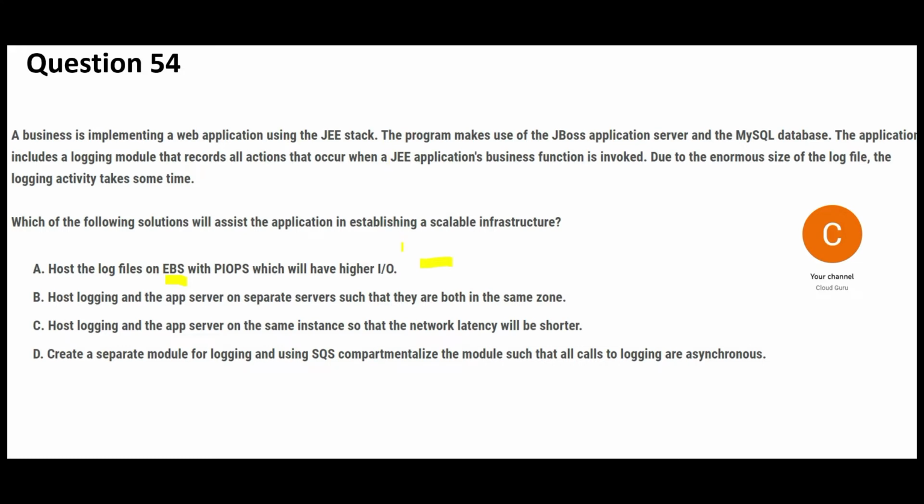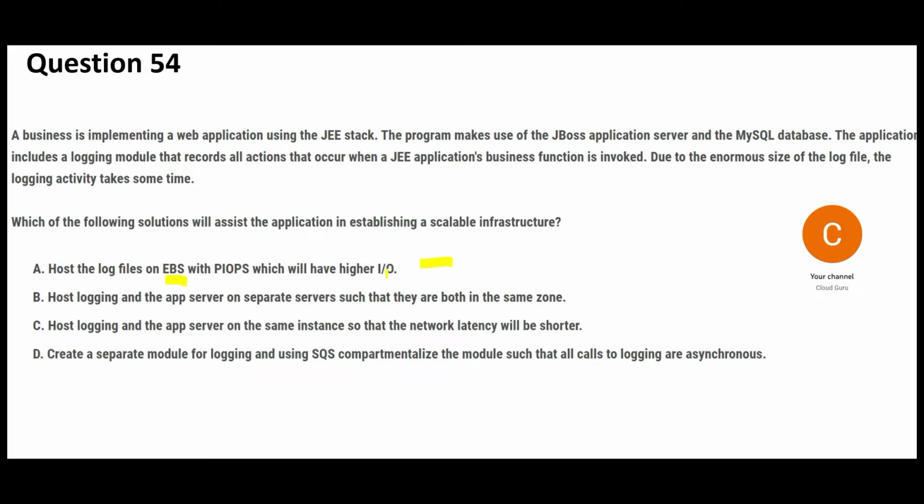In layman's terms, I gave you the example of that DHL. Consider that you have sent a package to New York, and unless that package reaches New York, the other guy's package to California will not be sent. So A is just like an option where we say, you know what?